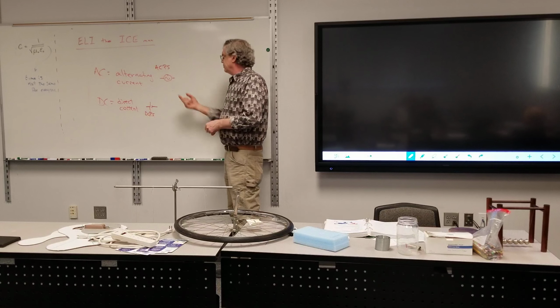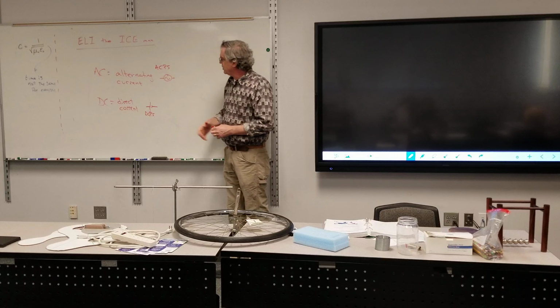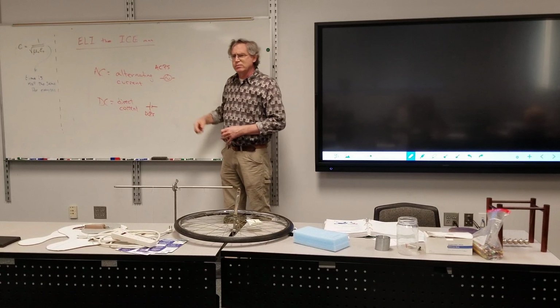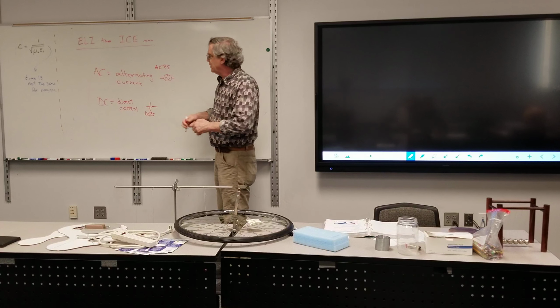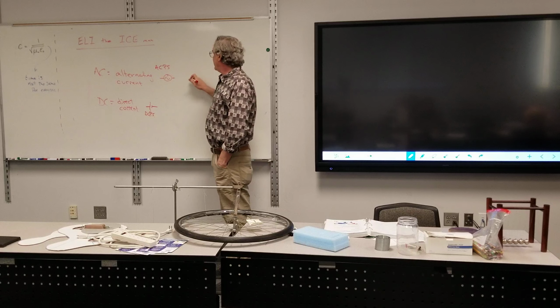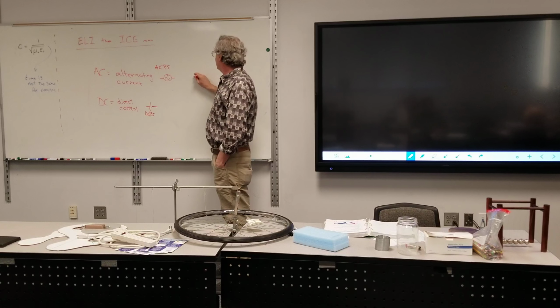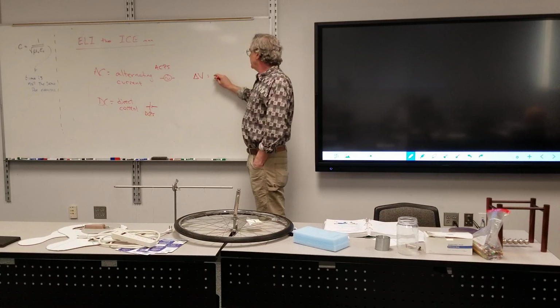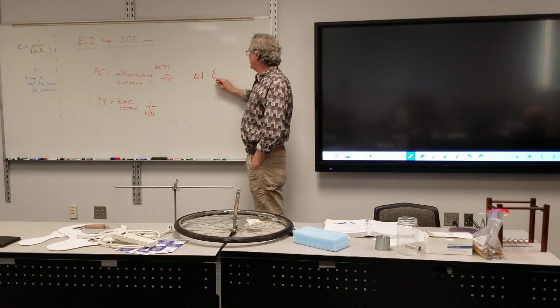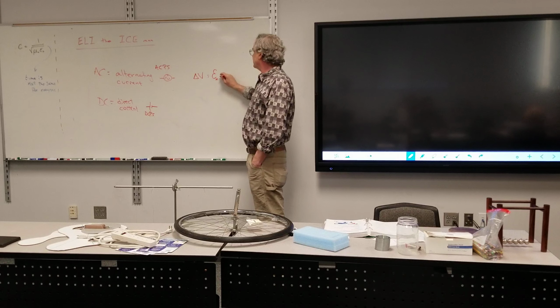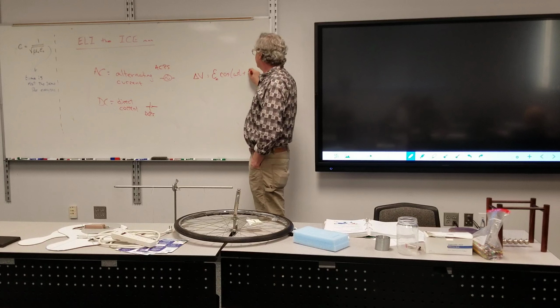For those who've had some trig, you might notice that kind of looks like a sine wave or a cosine wave, whichever way you want to go. And so in alternating current, the voltage is generally symbolized by some amplitude, E sub max, times either cosine or sine of omega t plus phi.